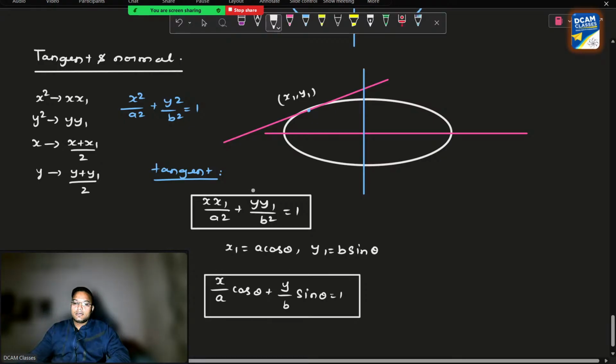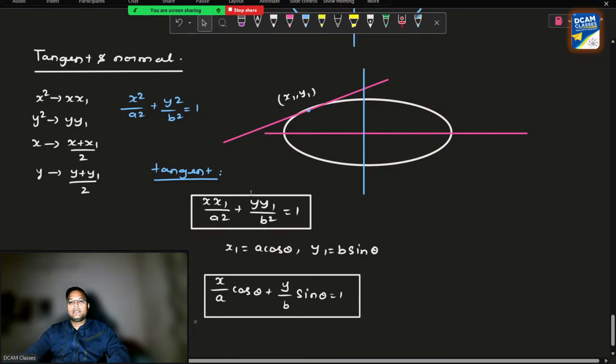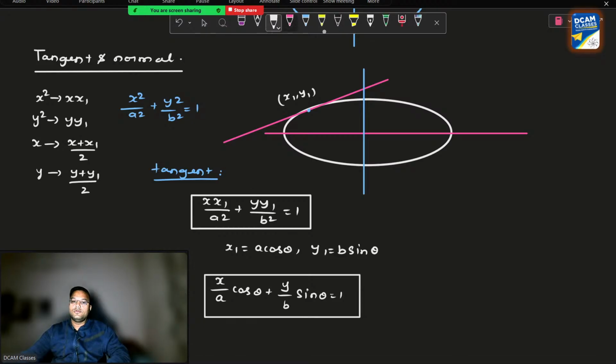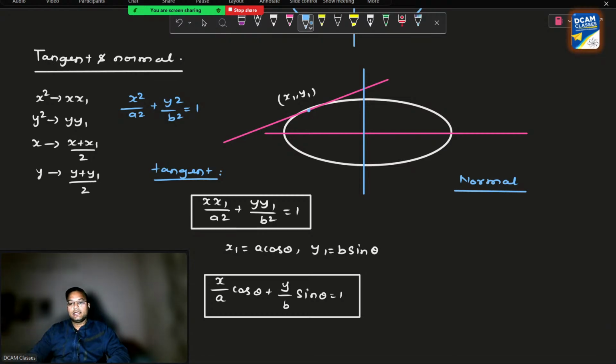Now, since you cannot use this trick method to find the normal equation, use the general method that you already know to find the equation of normal at point x1 y1 and then at the parametric point.